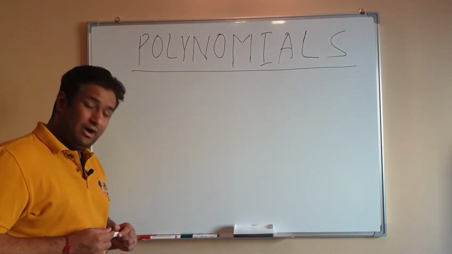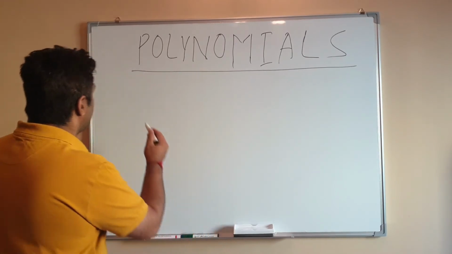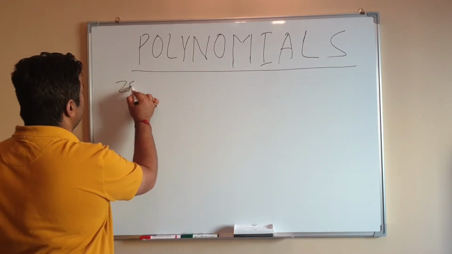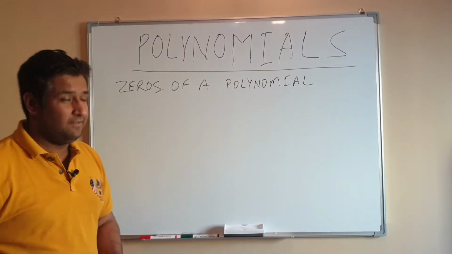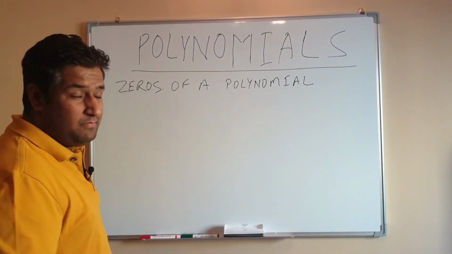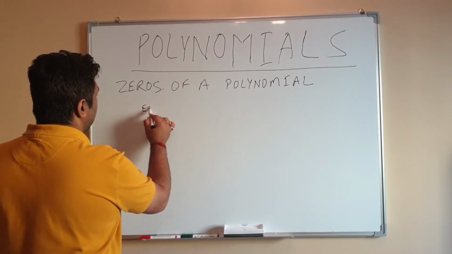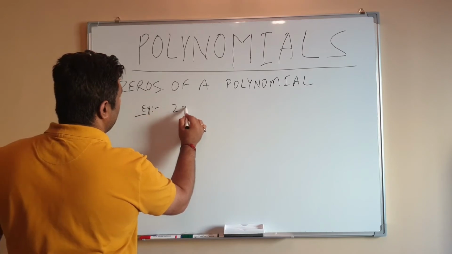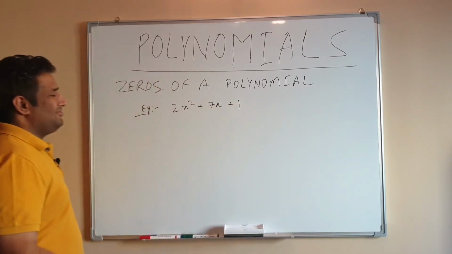Okay, so after degree of the polynomial, the next topic we have is zeros of the polynomial. Now this is not a zero polynomial, this is zeros of a polynomial. Now what do you mean by zeros of a polynomial? Like for example, 2x square plus 7x plus 1. Now this is a polynomial.